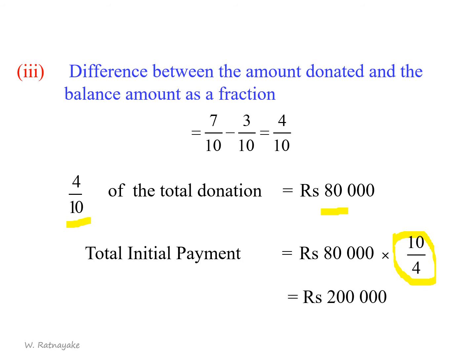So that is the answer for the question. The incentive payment Asanka got from the sports club is rupees 200,000. The initial payment is the incentive payment, that is rupees 200,000.